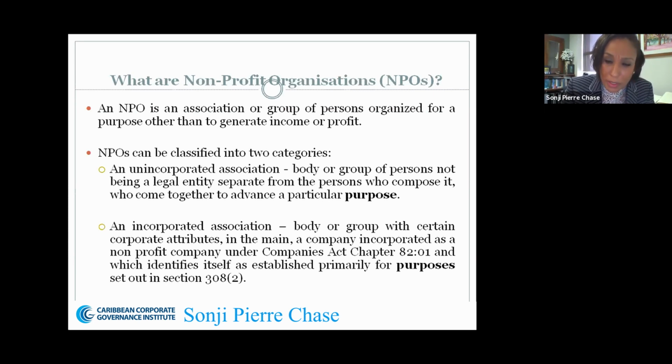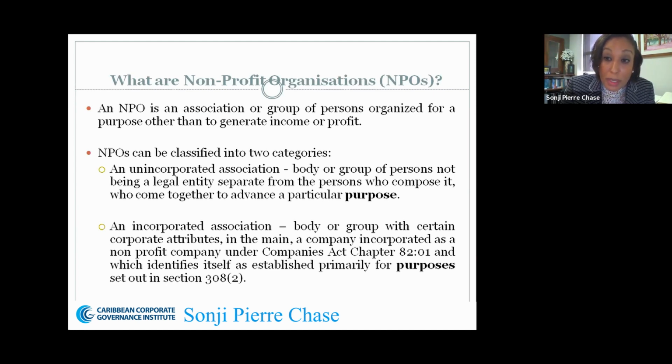The incorporated association, on the other hand, is a legally structured body. So it's a body or a group with certain corporate attributes. And in Trinidad and Tobago, an incorporated association could have only been incorporated under the Companies Act as a non-profit company.